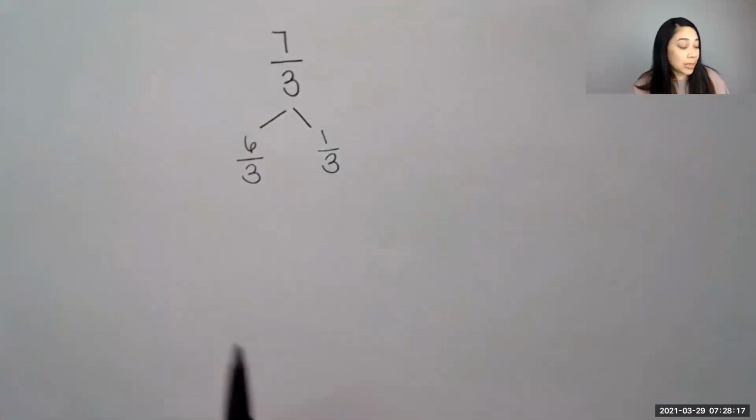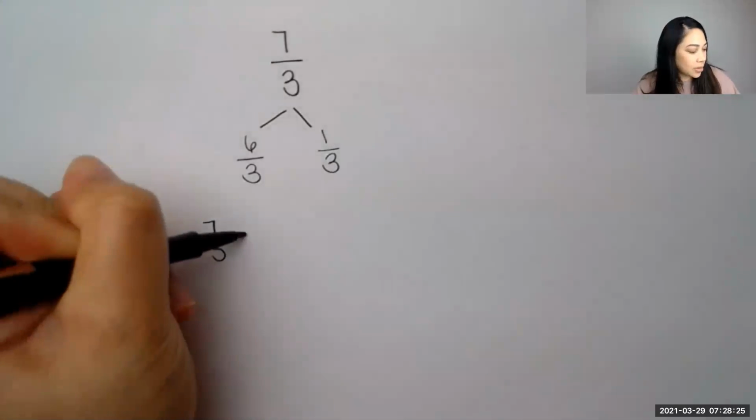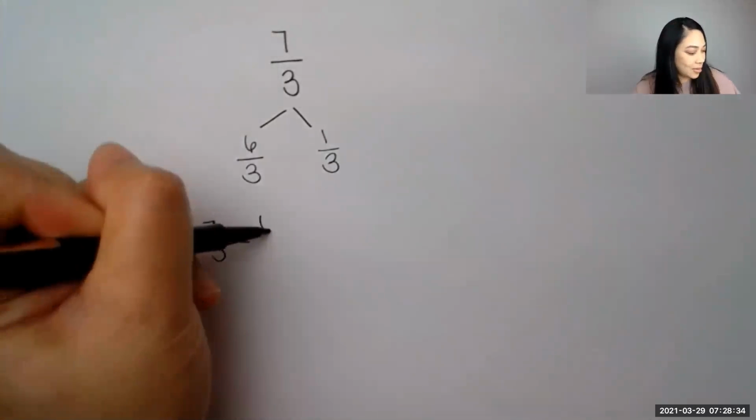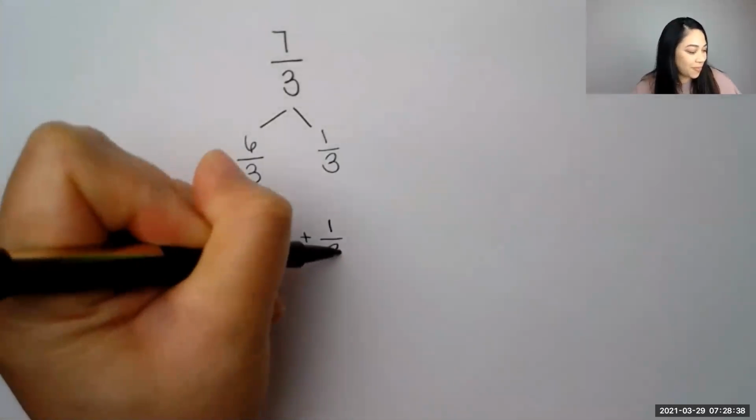Let's now use this number bond that we've just created to write an addition sentence for 7/3. 7/3 equals 6/3 plus 1/3.